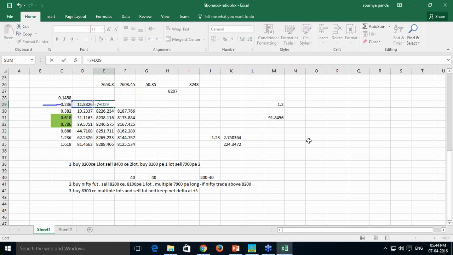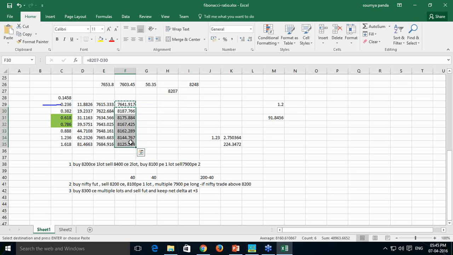So first I am adding to the low, 7603.45, and similarly I have to add in all the cases to get all the Fibonacci price resistances and supports. In the same way I have subtracted from the 7653.8 high, and I got all these levels.